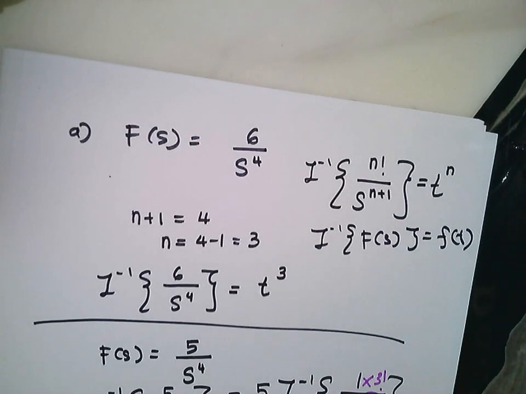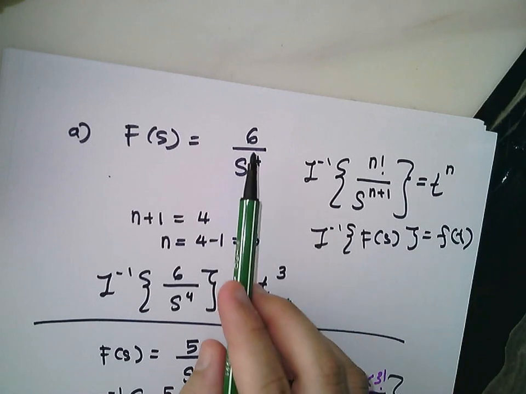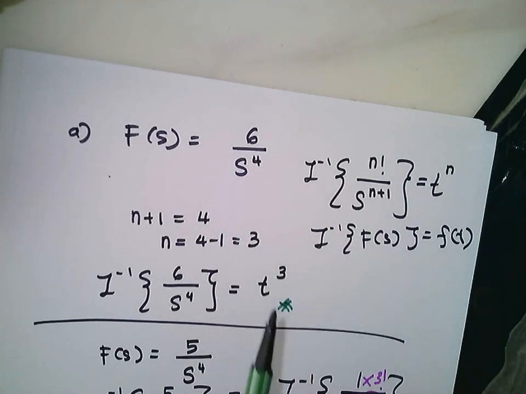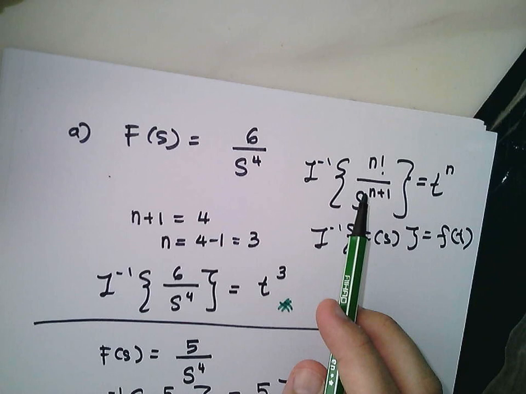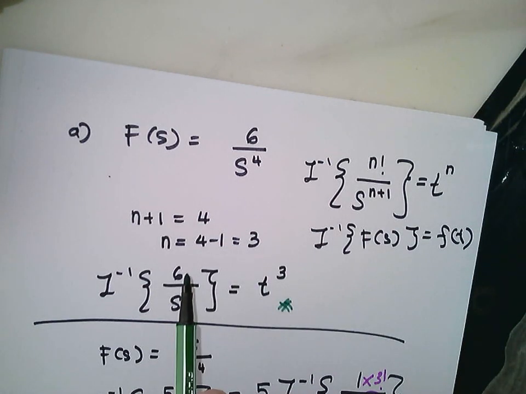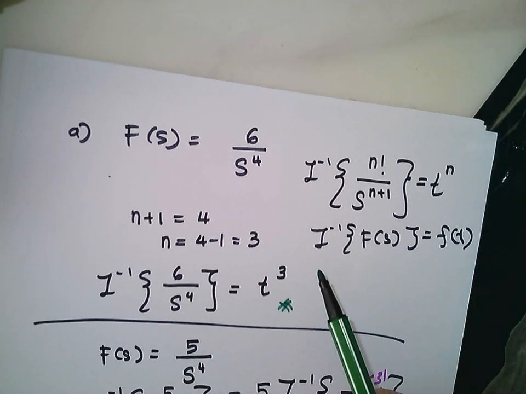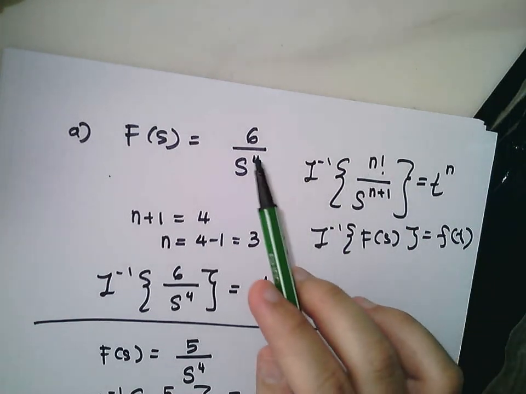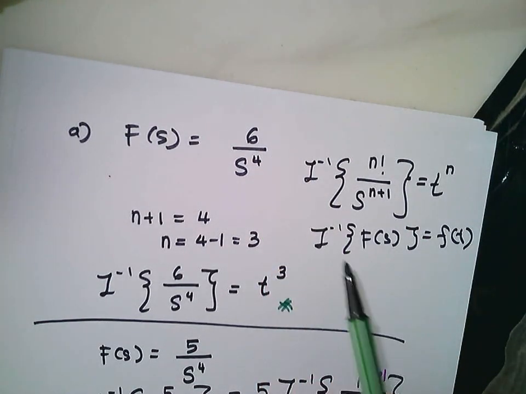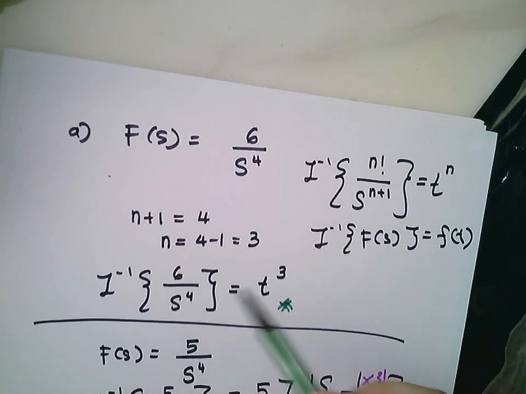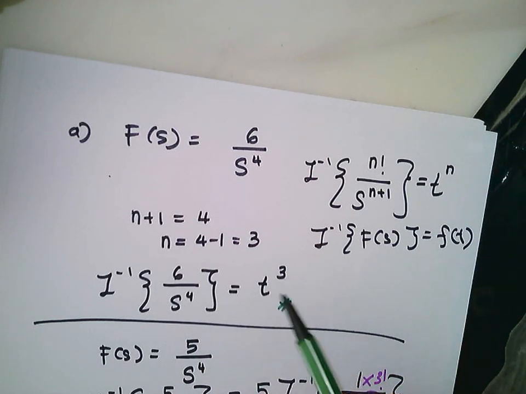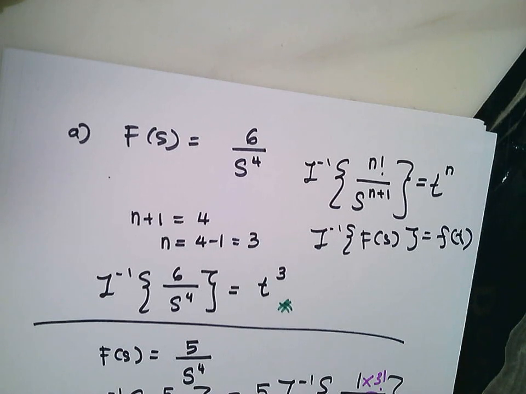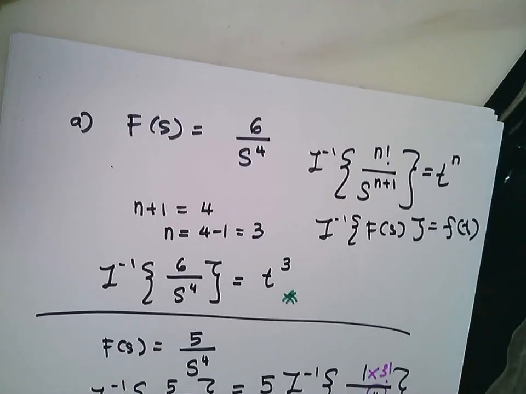As for the first problem, we just have t cubed here, because 3 factorial is equal to 6, right? That's why you don't have 6t cubed, because 3 factorial is equal to 6, so the whole thing here is equal to t cubed. You might be blurred, but it's okay. We will take a look at another example.